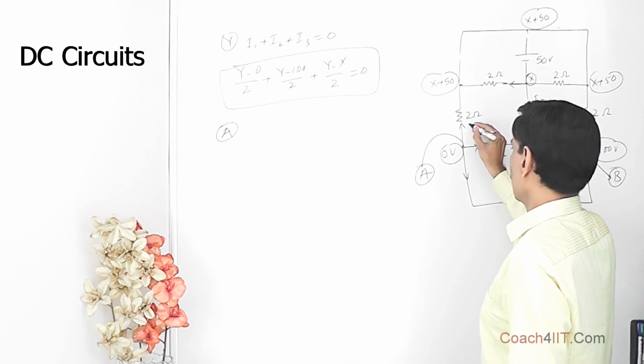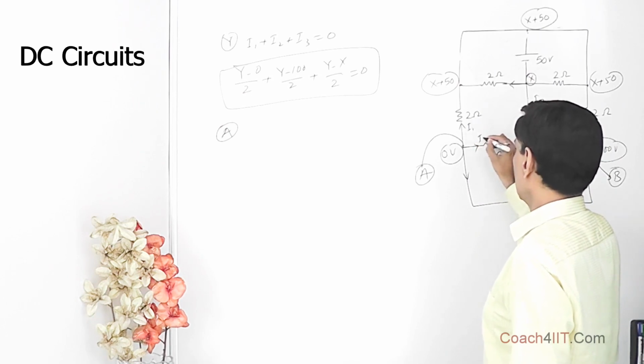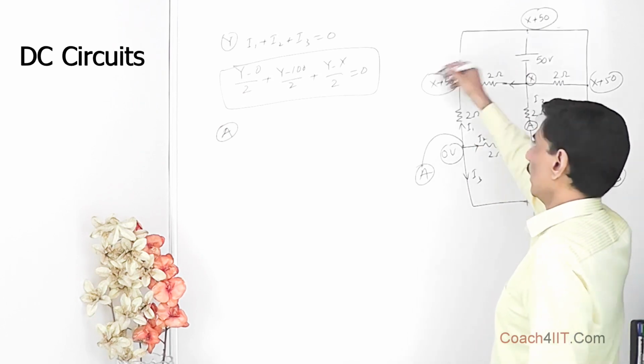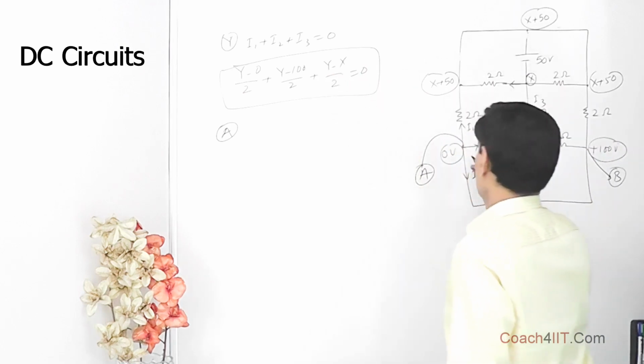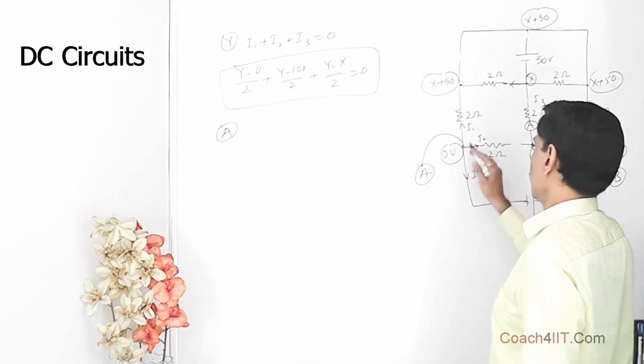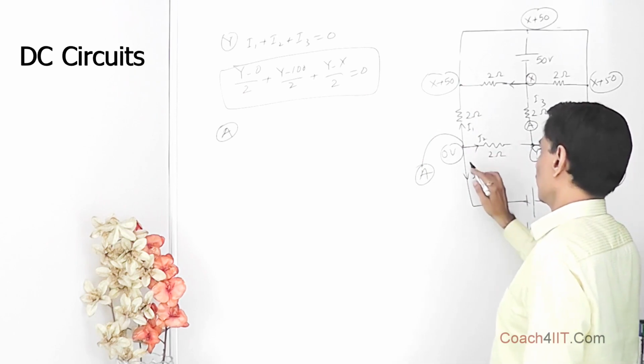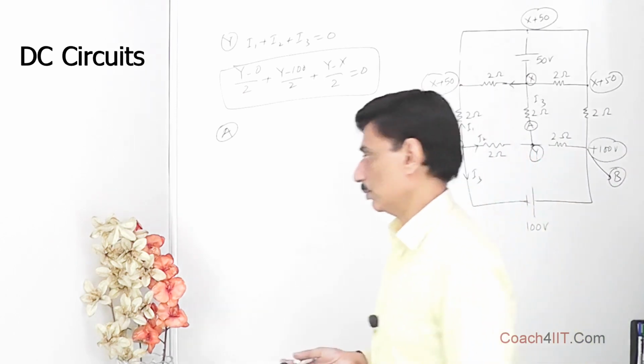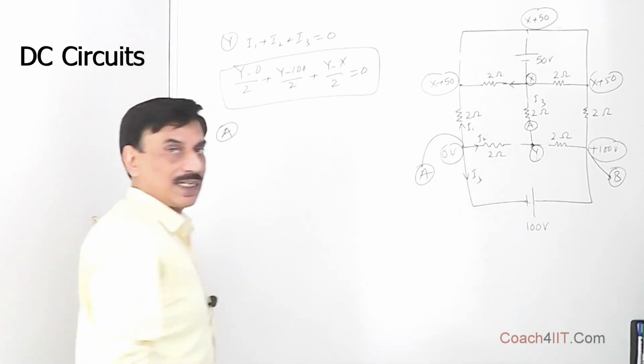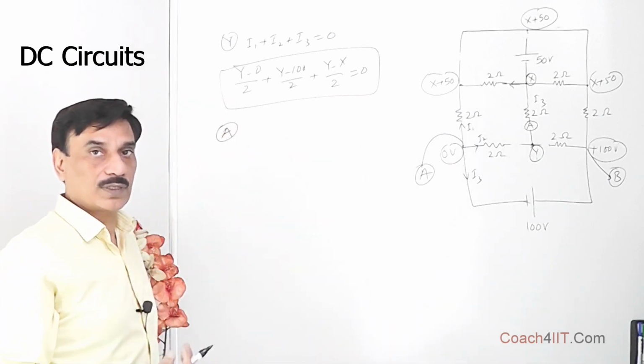Let's once again call them I1, I2 and I3. They are not the same currents which we have done over here. It is just a representation: whatsoever the current is this way, this way, and this way, the summation of them should be equal to 0. We could also have taken I4, I5, I6, that doesn't matter, because finally we just want the values of currents.